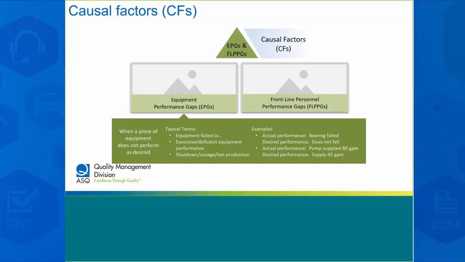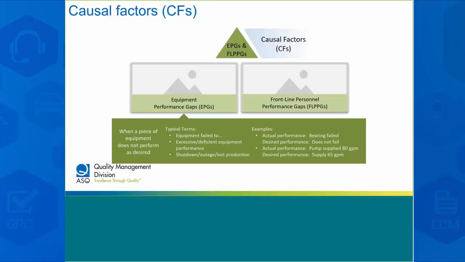An example might be an operator should have performed a pre-operational startup test, but decided not to, to save time. The performance gap is the unperformed startup test. Another example might be an operator starting pump 4, but they should have started pump 5. The gap is the starting of the wrong pump.